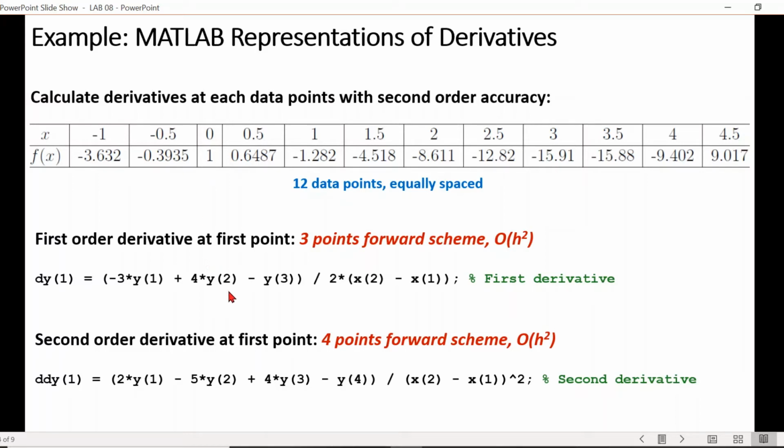For the second derivative at the first data point, we require 4 data points to ensure that the scheme is second order accurate.